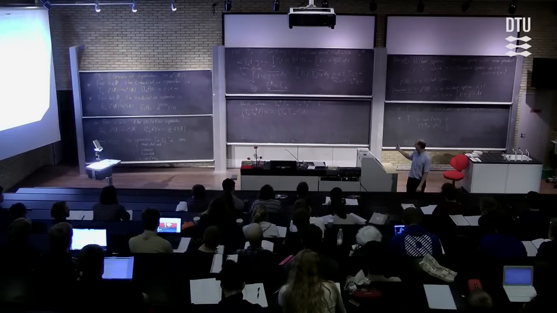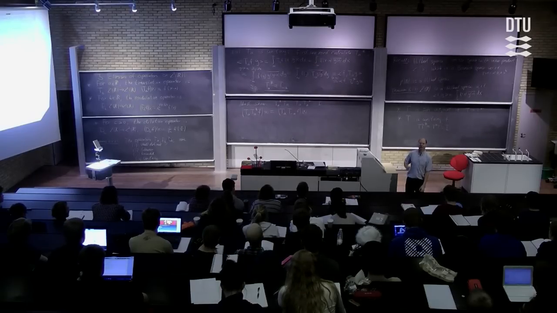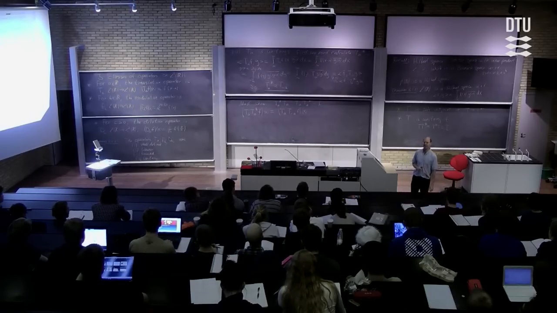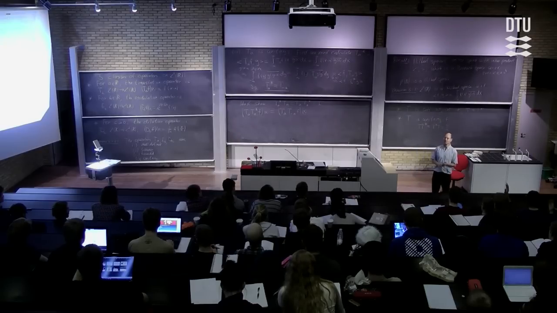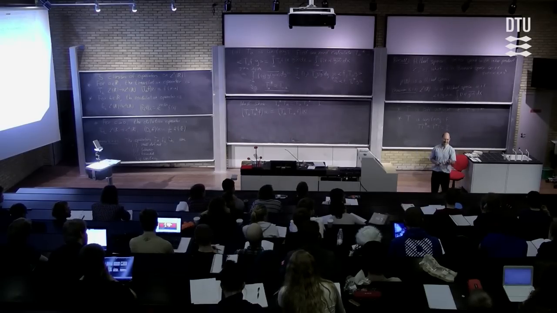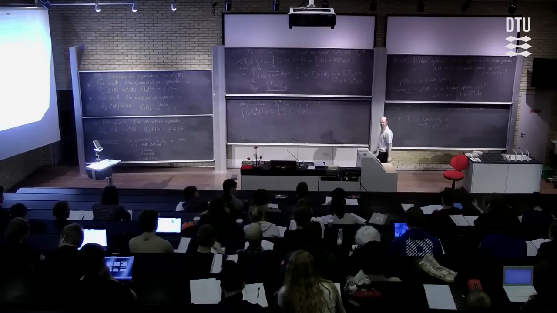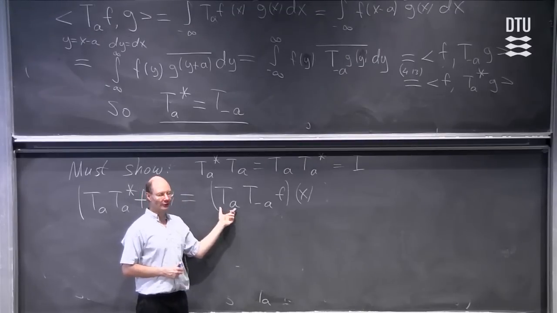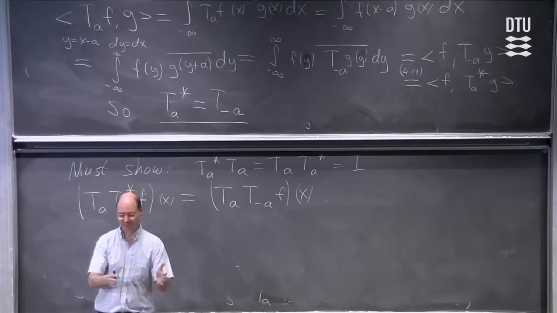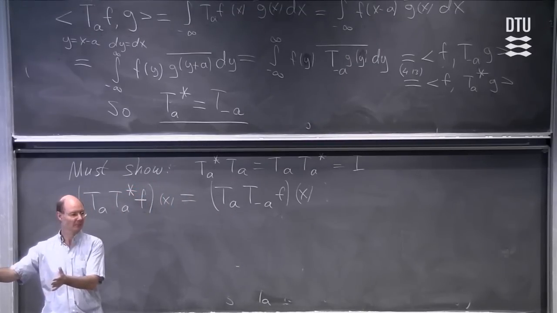Can you see something here where you can just make a picture to tell you that everything is correct, or you really have to do the calculations? Yes? One of the operators will move the graph to the right, and the other will move it to the left, and they will move it the same amount, so it will just end up. Exactly. So what this operator is doing is it takes the function and then it moves it 5 units to this side.